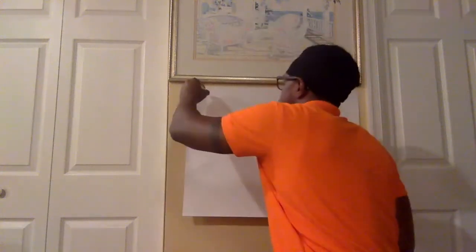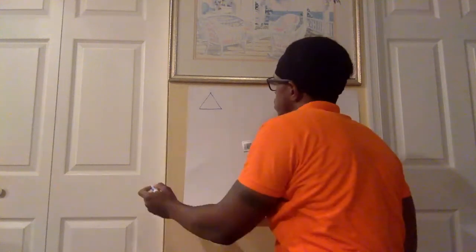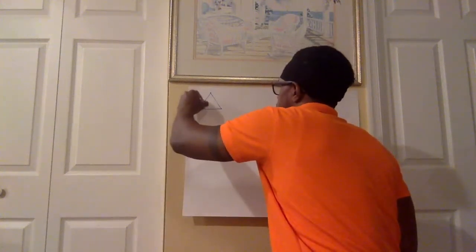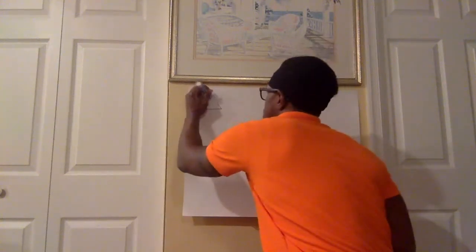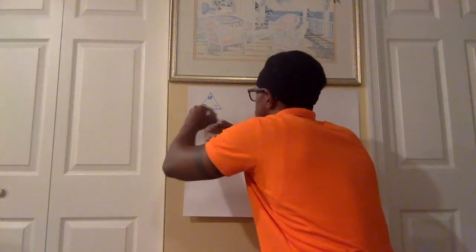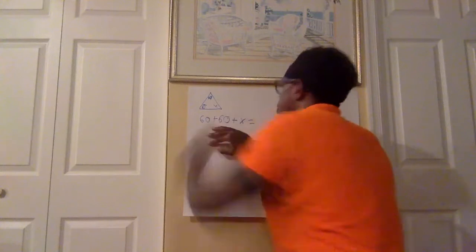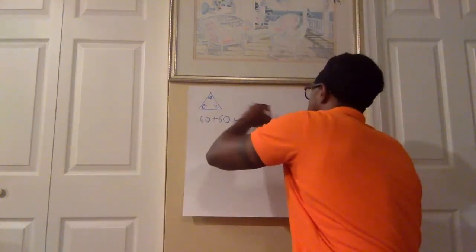Okay, so let's say we have a triangle here, and we know that this is 60, this is 60, but this is x. We don't know what that is. So we have 60 plus 60 plus x, and we know that all triangles equal 180.